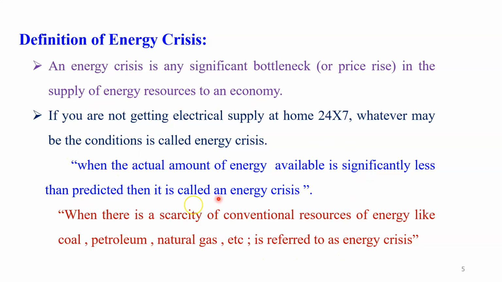All these definitions indicate that when there is less supply of energy than our expectation, and this gap between supply and demand increases, this condition comes into existence. That condition is known as energy crisis.